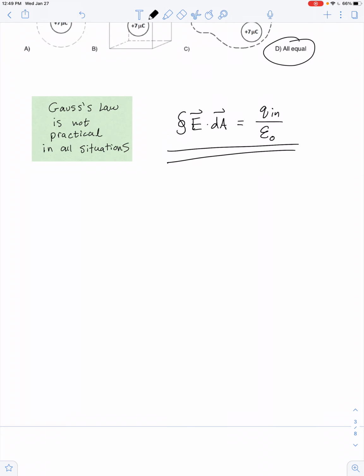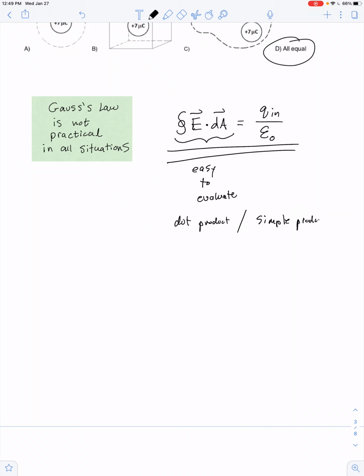Okay, well, Gauss's law is only practical when this integral is easy to evaluate. So there's a couple things that'll make this integral easy to evaluate. One thing would be if we can change it from being a dot product to a, I don't know, I'll just call it a simple product.